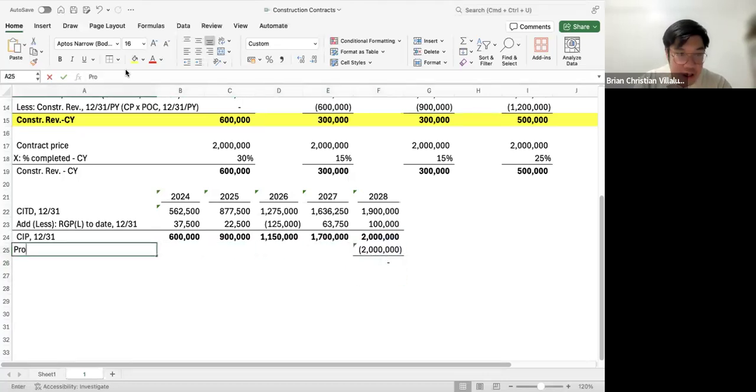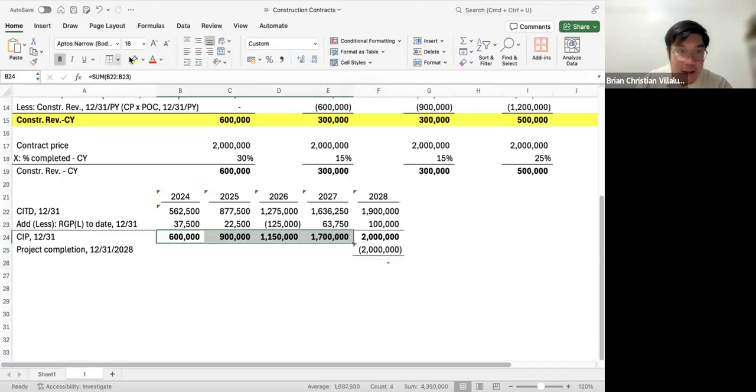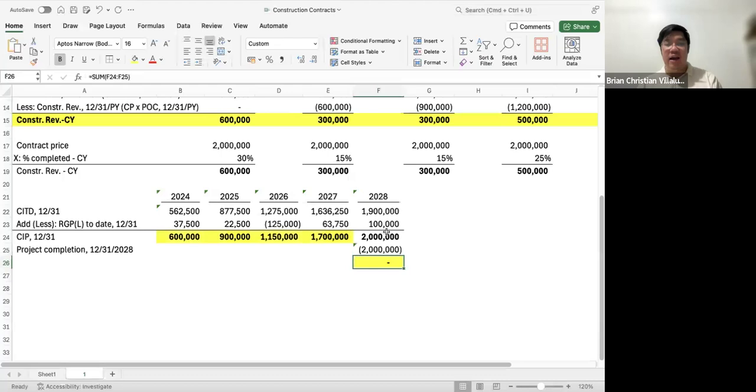So project completion. Tawagin na lang natin project completion 'yan. Pero mag-a-arise lang 'yan kapag nasa dulo ka na. Okay? So, ang sagot natin ay itong apat na to, tapos pagdating sa 2028, zero na siya kasi tapos na yung project. Okay? So that will be our rule for that.